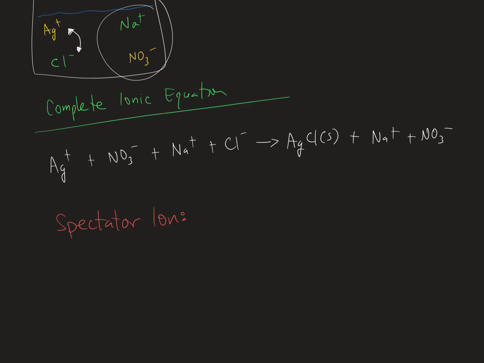Now, they think it's their team, but they have nothing to do with who wins and loses, right? So spectator ions are the ions that do not participate in the chemical reaction.